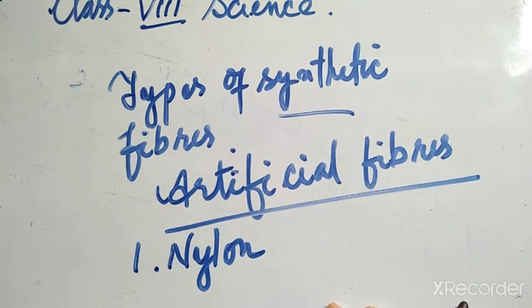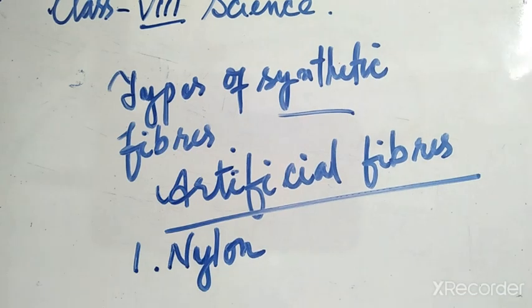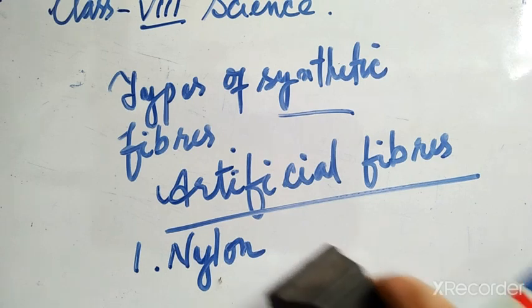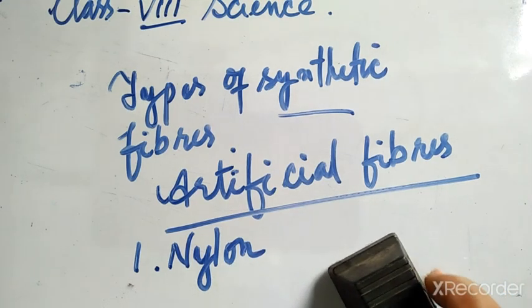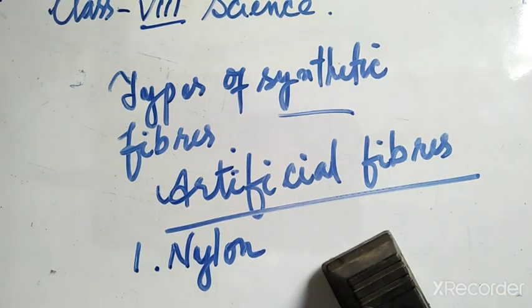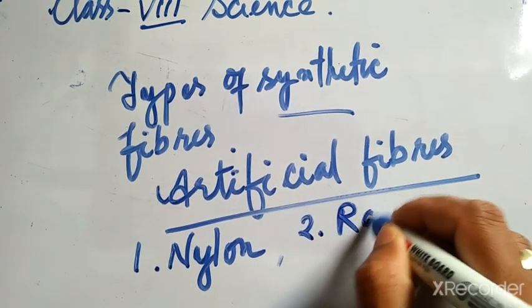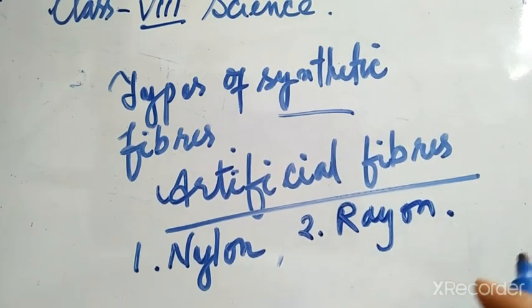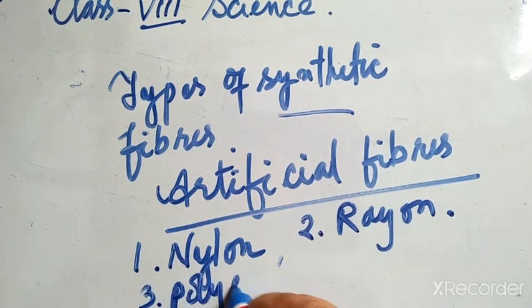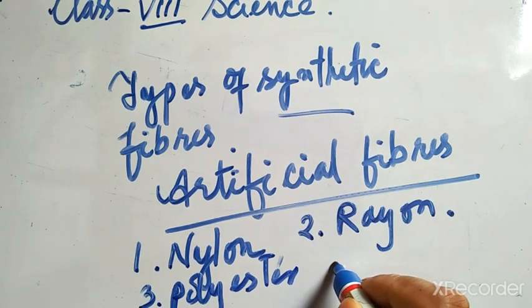So artificial fibers can be nylon, say rayon, and say polyester, and acrylic.